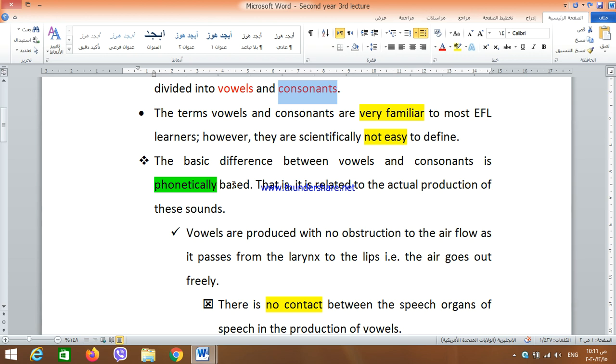So, our first classification or distinction between vowels and consonants is phonetically based. That is, it's related to the actual production of these sounds. How are they produced?